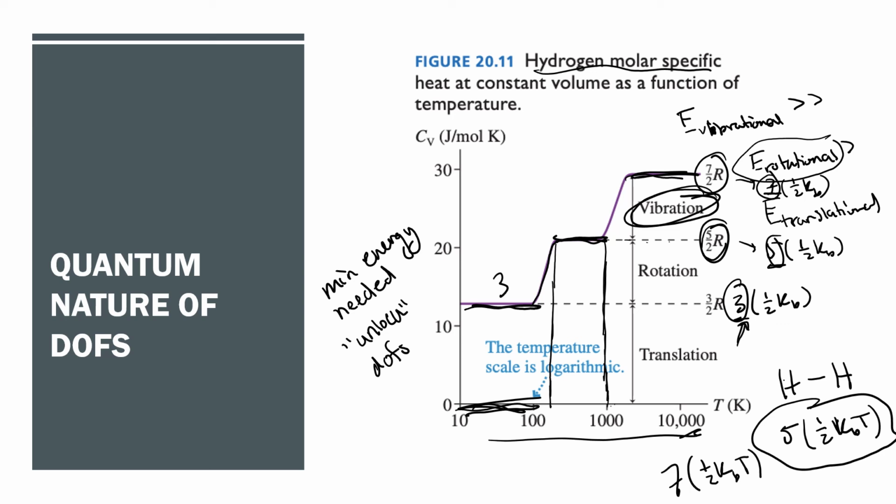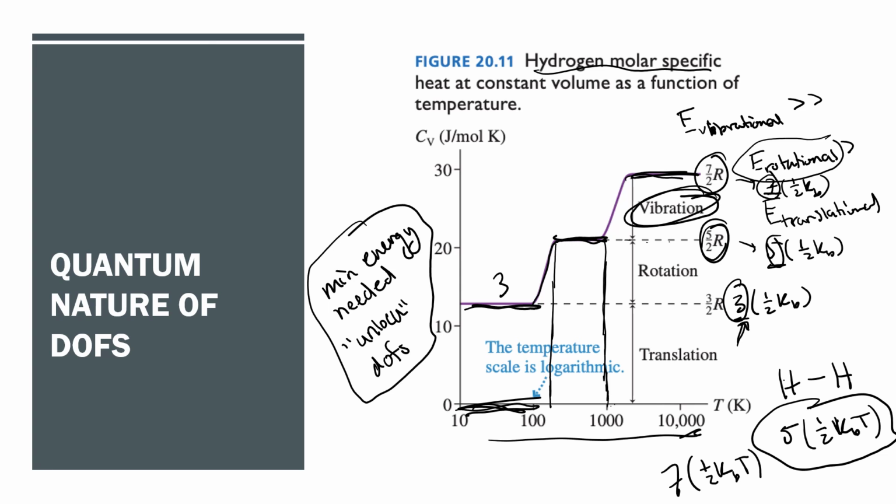So I just wanted to mention why we have this sort of quantized nature of degrees of freedom, and we have to unlock these degrees of freedom by increasing the temperature and adding more energy into the system. So that was what was important with this slide, right?